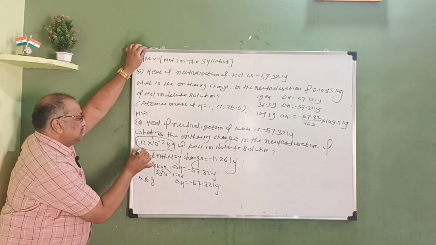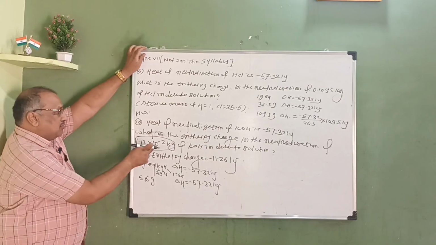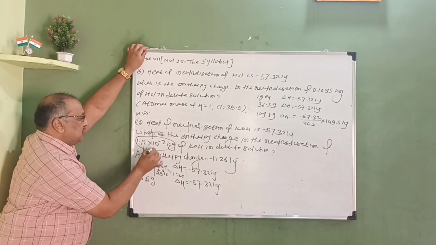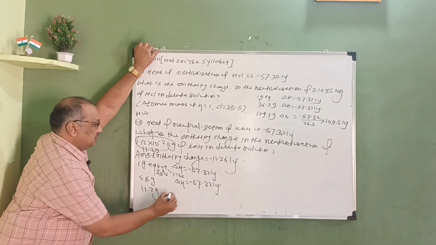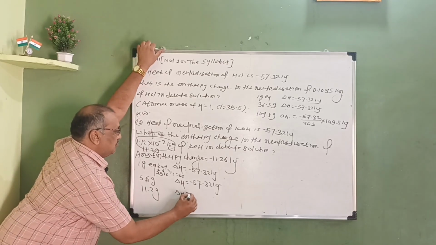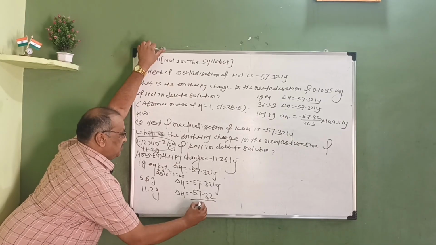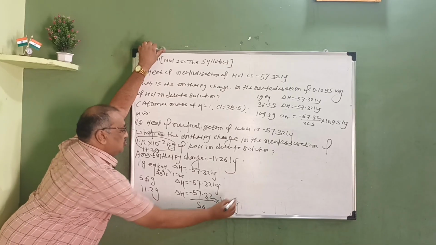That means for this purpose multiply by 10 to the power 3. Here this becomes 11.2 gram. That means 11.2 gram delta H equal to minus 57.32 upon 56 into 11.2 kilojoule.